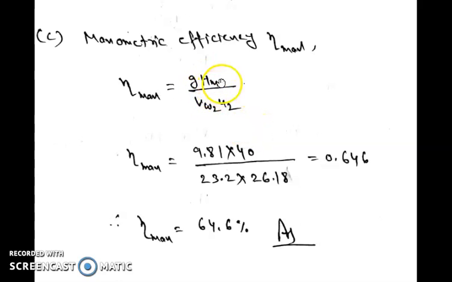Value of Hm is already given 40 meter. So the manometric efficiency is equal to 9.81 into 40 divided by 23.2 into 26.18, which is equal to 0.646. So manometric efficiency is equal to 64.6%.